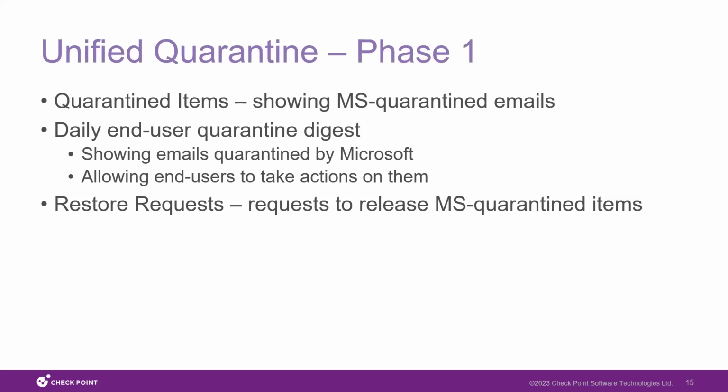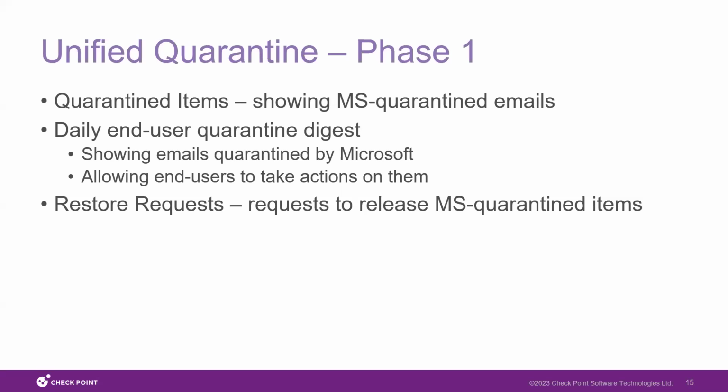So if a user reports, "I've got a message I was expecting, I can't find it, can you check the quarantine?" the first question is, do I go to Microsoft or Checkpoint? Well, you go to Checkpoint, because we show you both. You find the message, click release, and whether it's in our quarantine or Microsoft's, we push that release and it's delivered to the user. Just a great admin experience.